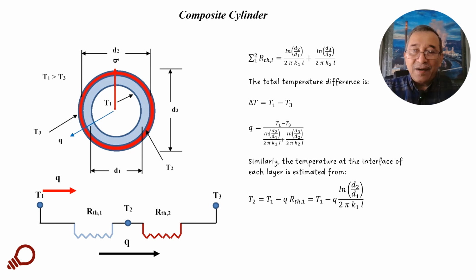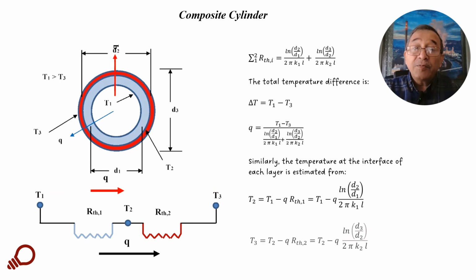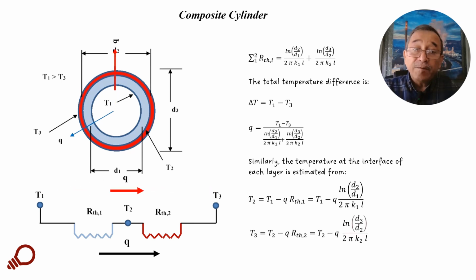And similarly, in the same way as we studied in the plane wall, the heat transfer from the inside to the outside should be the same for each layer. And that will help to give you the temperature distribution at the interface between these layers, as we studied in the same way as the plane wall.